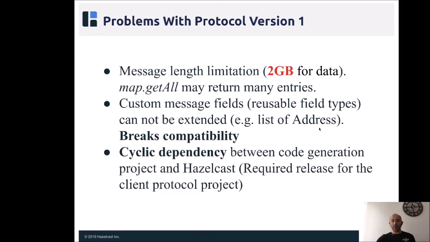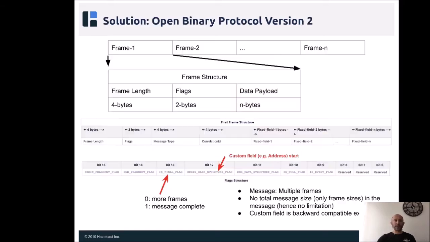So we did not have a capability to add a new field to this custom field. And also we had this dependency between the code generation tool and the main project. So we had to release the code generation jar before using it in the main repo and sending a PR. So this was a limiting factor and a bad developer experience.